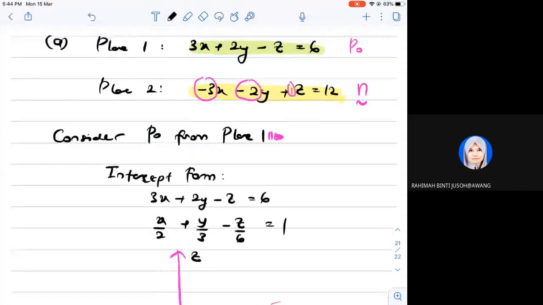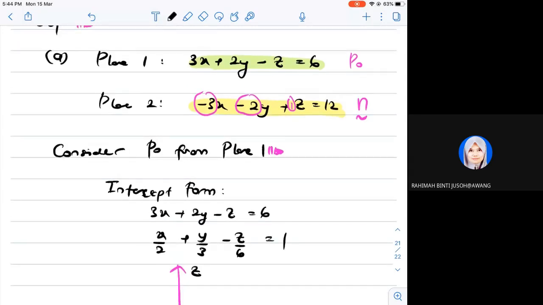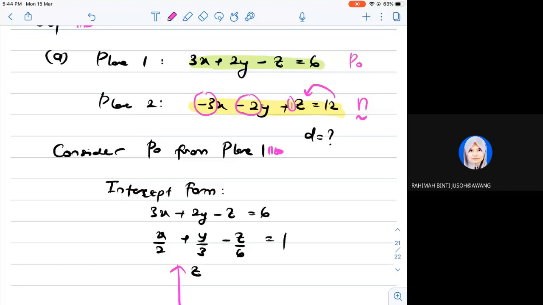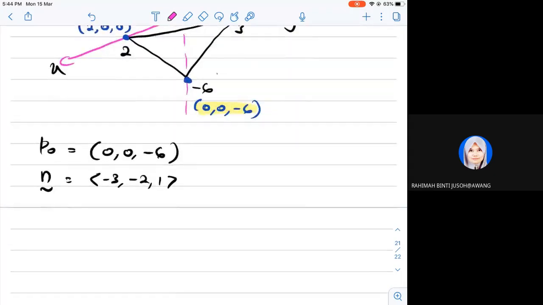D sama dengan apa guys dalam kes kita ni? D equals to what? -12. Yes, very good. Sebab 12 ni you kena pindahkan ke sebelah kiri. So dia jadi D equals -12.